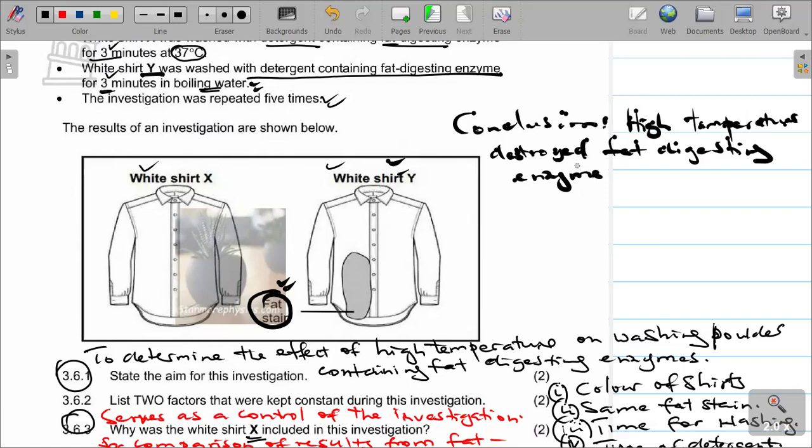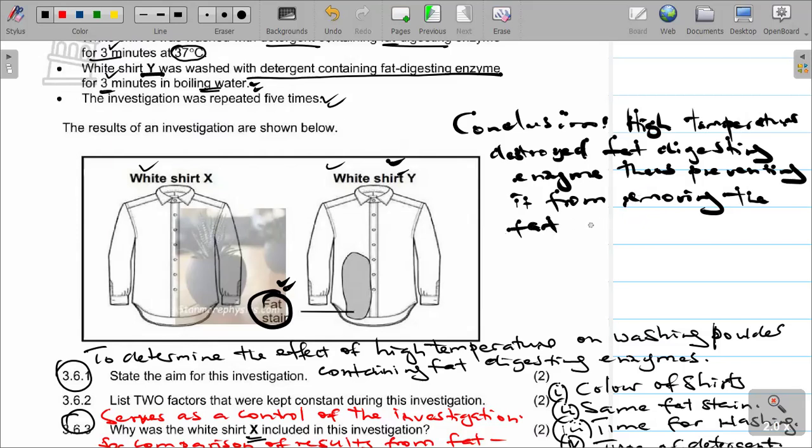It destroyed the fat digesting enzyme that prevents it from removing the stain. The fatty stain was therefore not removed.